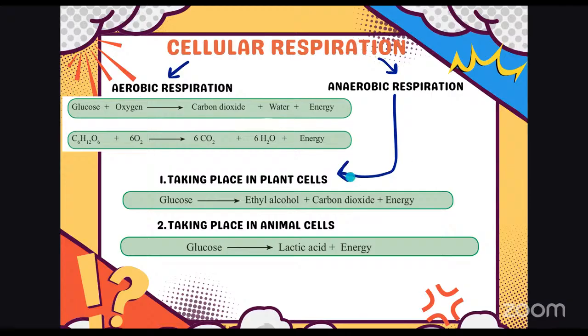Anaerobic respiration takes place in the absence of oxygen. In plants, it's called ethyl alcohol fermentation, giving you ethyl alcohol. In animals, it's called lactic acid fermentation, where glucose breaks down to give you lactic acid. So in this equation you have oxygen, and in this equation you don't have oxygen. It's important that you all know the equations.